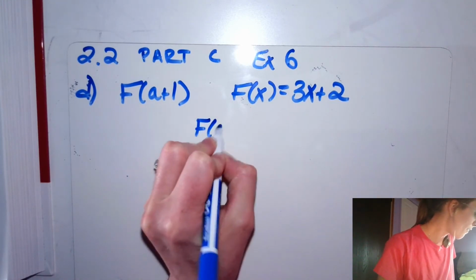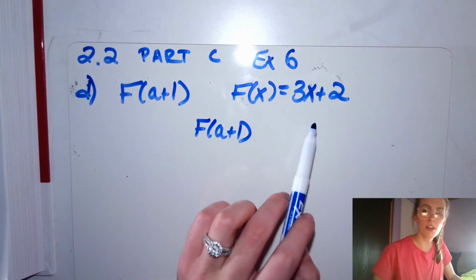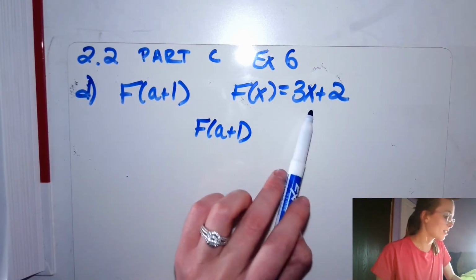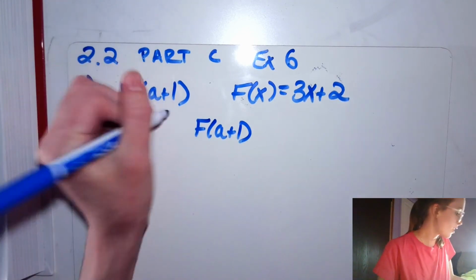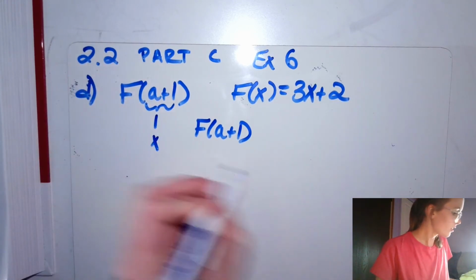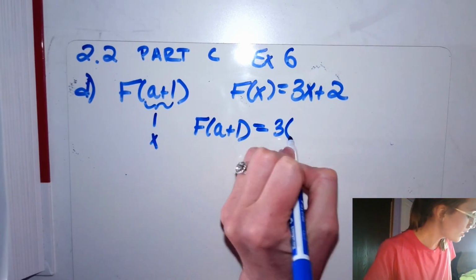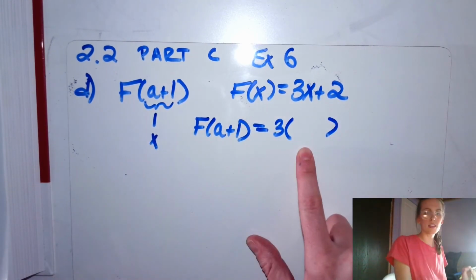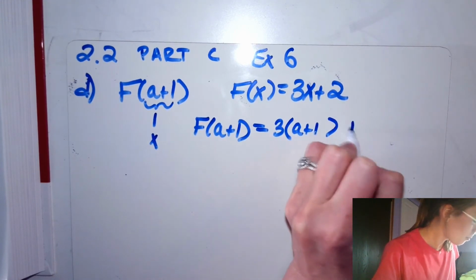So you've got f of a plus 1. Now instead of x here, instead of x multiplied by 3 here, we'll just put this entire thing in for x. So, f of a plus 1 equals 3 times, instead of x, it'll just be a plus 1, plus 2.